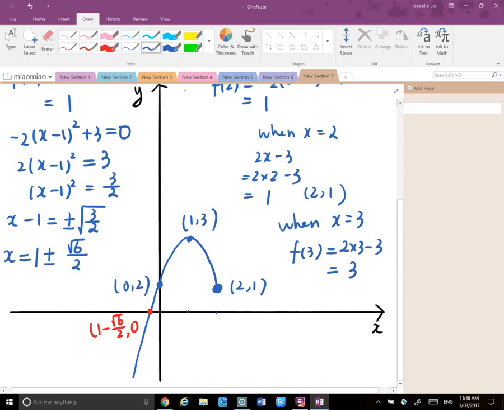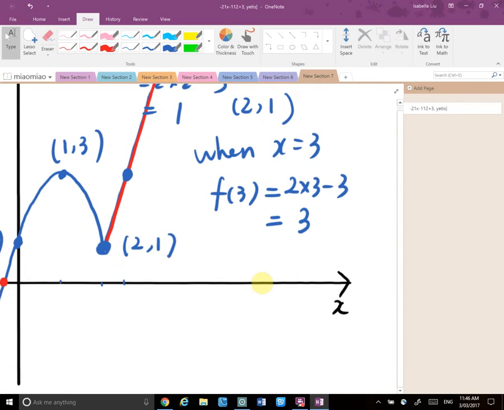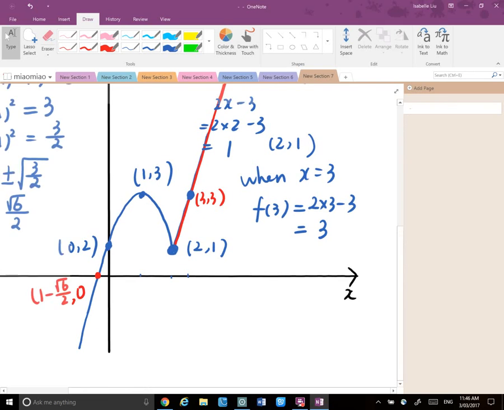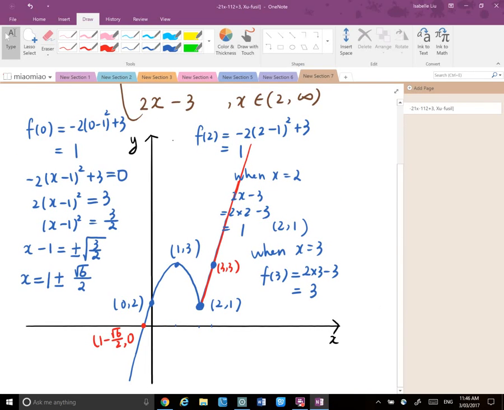So I have (3, 3), and I'll label (3, 3) here.